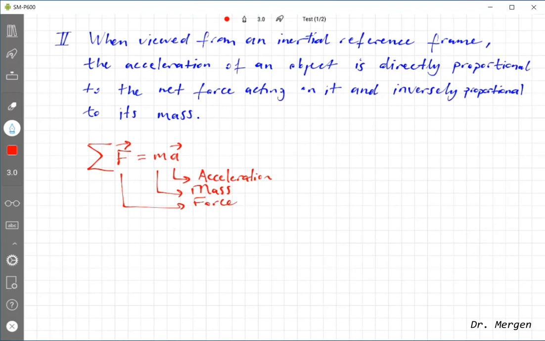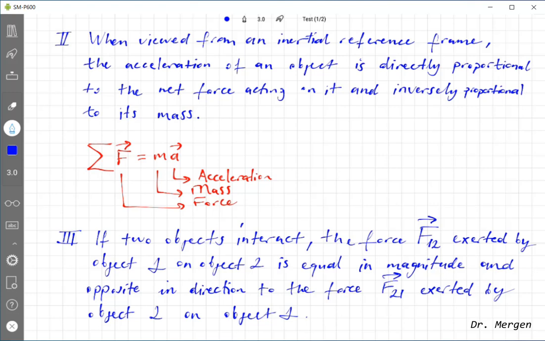And finally, the third law was given as this. If two objects interact, the force F1 to 2 exerted by object 1 on object 2 is equal in magnitude and opposite in direction to the force F2 to 1 exerted by object 2 on object 1.